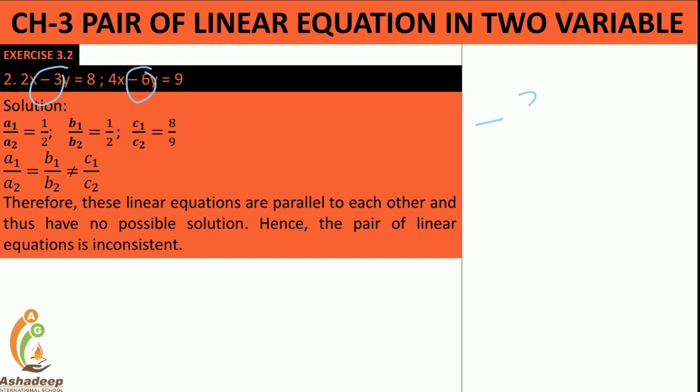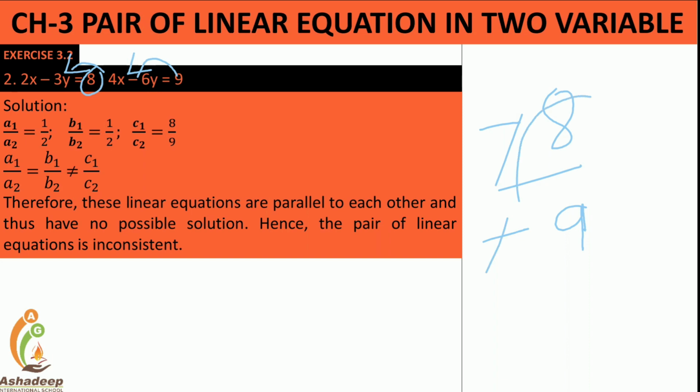So it is minus 3 upon minus 6, which is 1 upon 2. So b1 upon b2 is also 1 upon 2. Now what is c1? We need to move this onto the other side of the equals sign, so 8 becomes minus 8. So it is minus 8 upon minus 9. Similarly here 9 also moves to the other side, so minus minus cancels, and it is 8 upon 9.